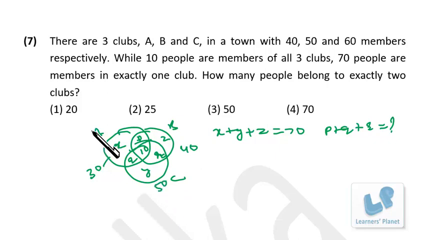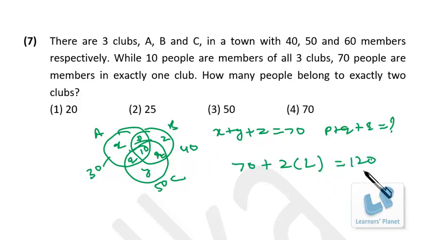Now when you add the 3 equations, what will you be getting? x plus p plus q plus p plus z plus r plus q plus y plus r. That means one time you will get x plus y plus z, and 2 times you will be getting p plus q plus r. So I assume p plus q plus r to be L, and that is equal to 30 plus 50 plus 40, so that is 120.